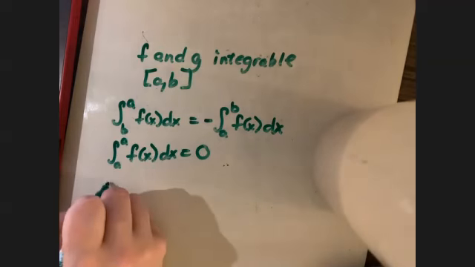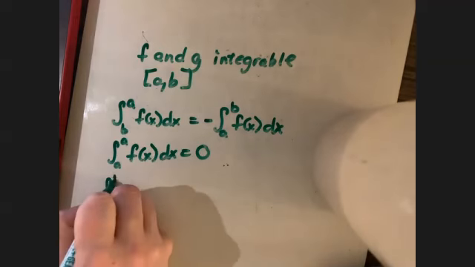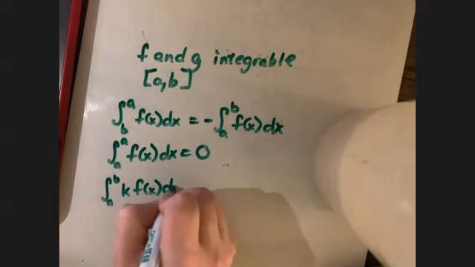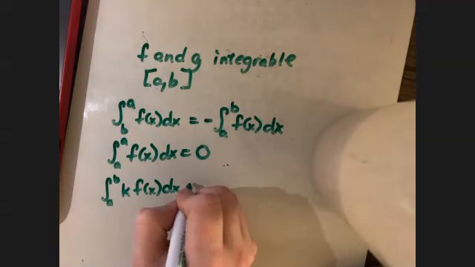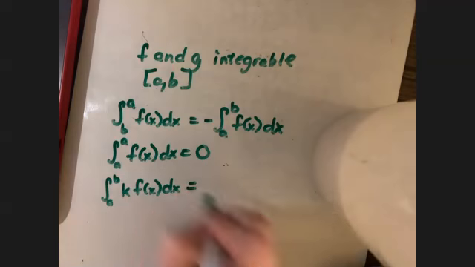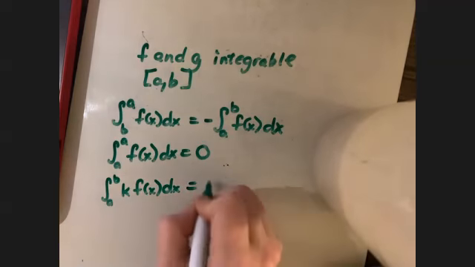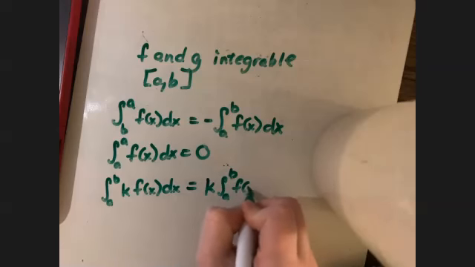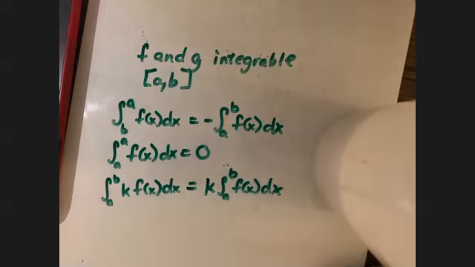Now, some of these rules we saw in differentiation. If you've got a multiplier on the inside, you can bring that out to the outside, so you're allowed to do that.